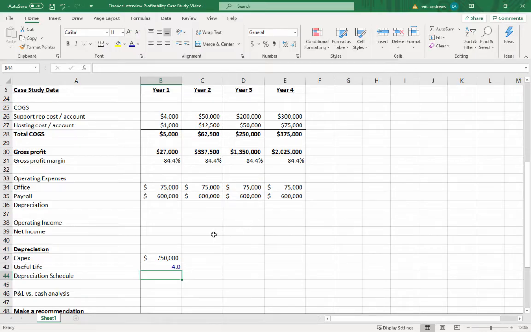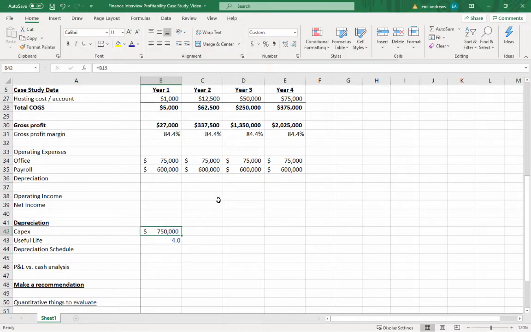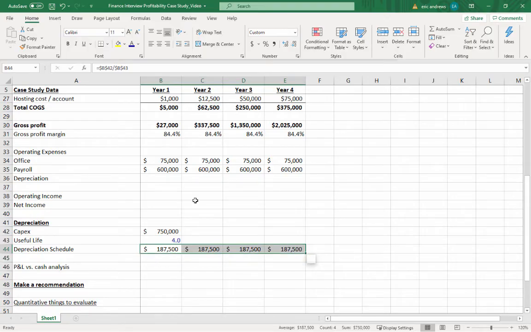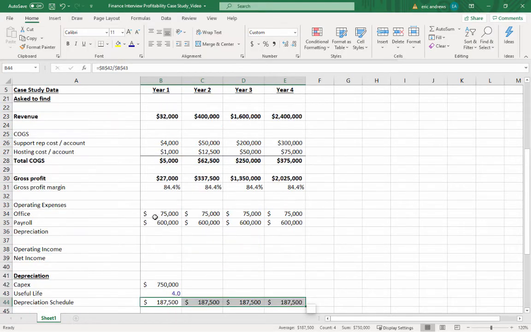And so for the depreciation schedule, this $750,000, we're going to spread it over 4 years. So we take this, lock it, divide it by 4, lock the 4, and then we can just decrease the decimals, and you can see that it's $187,000 a year. So this we can now just link straight back into the operating expenses.